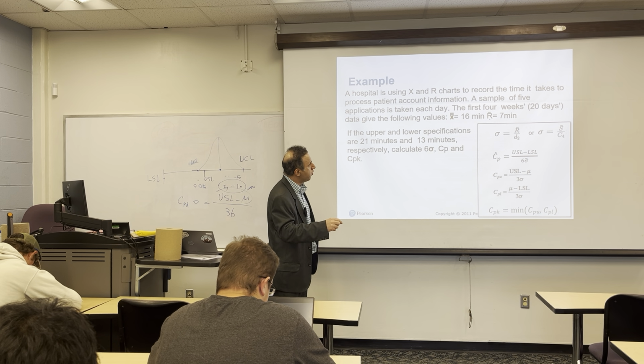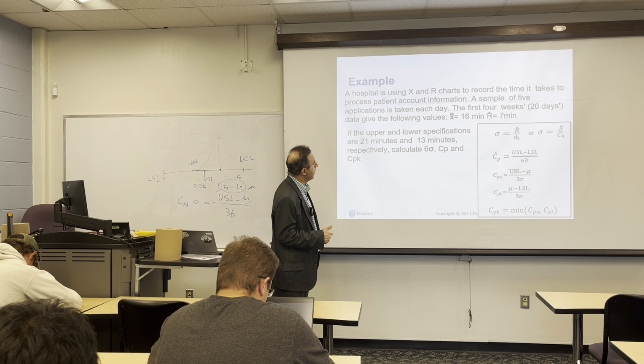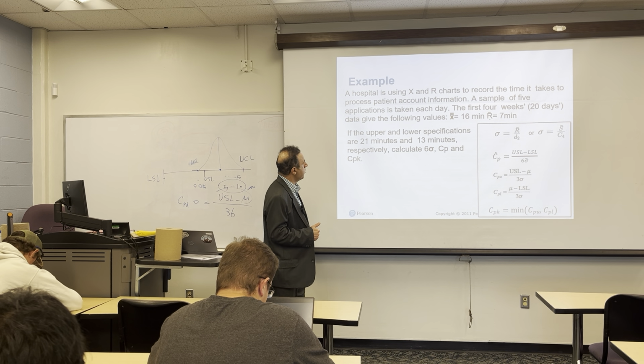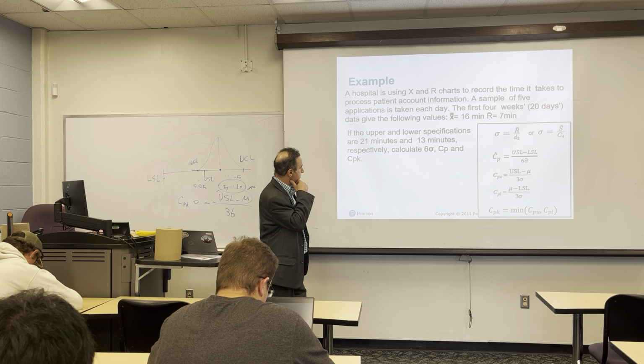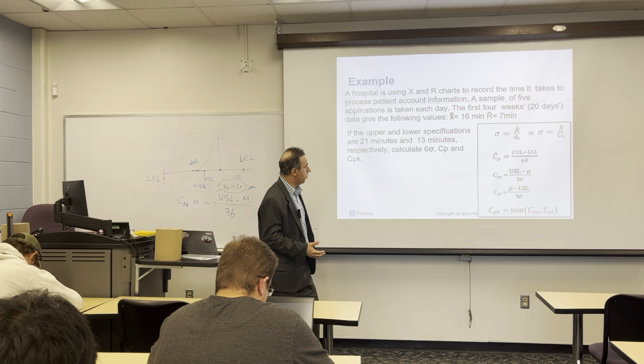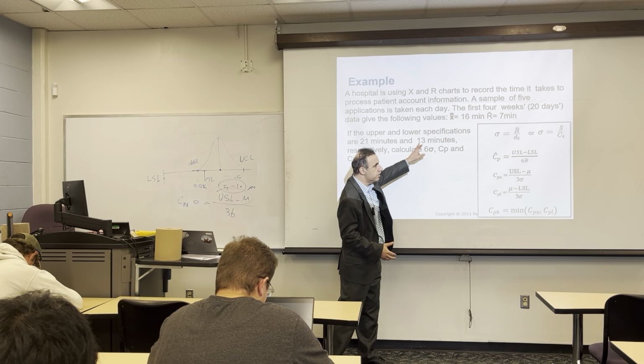For the first 4 weeks, 20 days, they found X double bar is 16 and R bar is 7 minutes. The upper and lower specification limits are 21 minutes and 13 minutes. This is the definition provided by the hospital. They wanted to make it between 21 and 13 minutes.